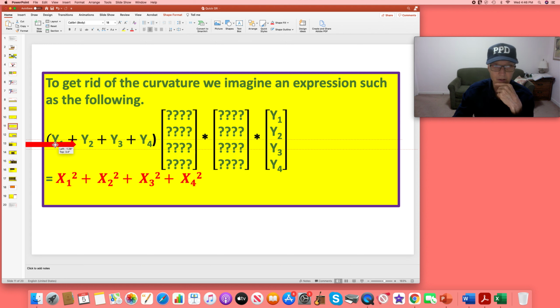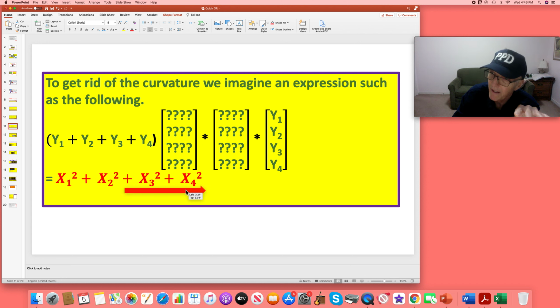And this one on the left, the row vector in y times the matrix with all the question marks, has to produce a row vector in x. Because here's why: a row vector in x times a column vector in x will give us x1 squared plus x2 squared plus x3 squared plus x4 squared. That's the invariant that we seek.